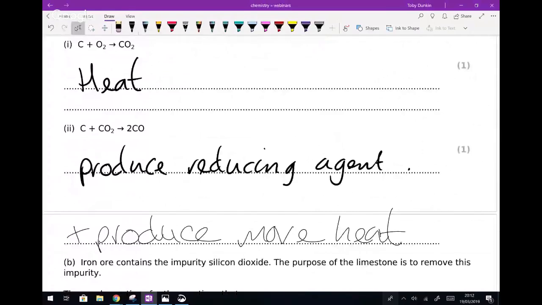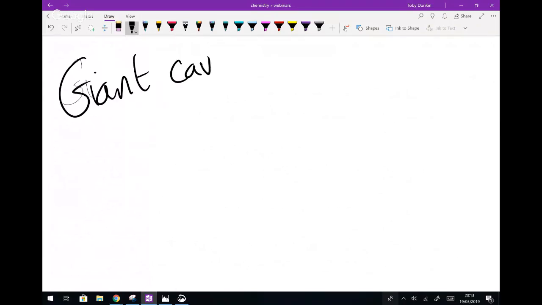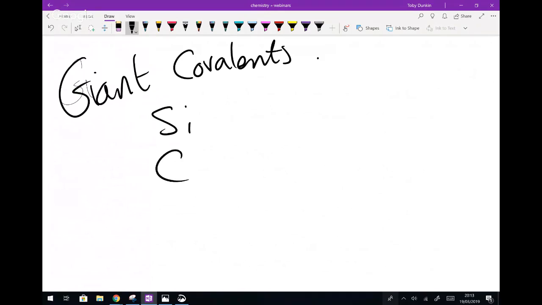What items we need to know. There aren't many. Our giants. Let's make that thicker so people can read it. Giant covalents. We've got silicon. We've got carbon. We've got SiO2.